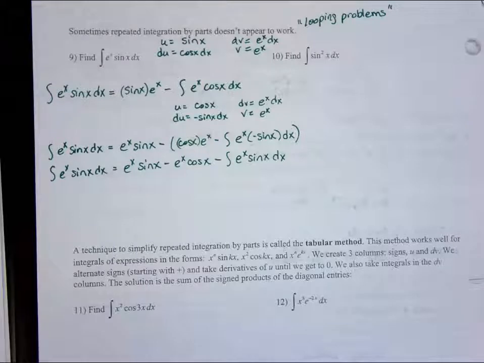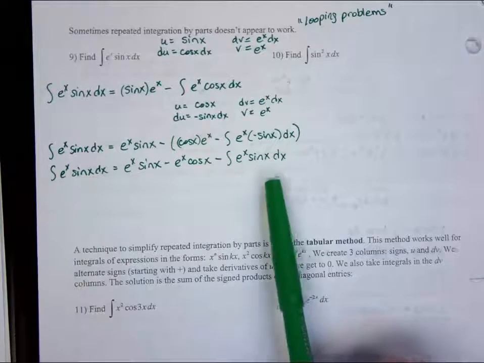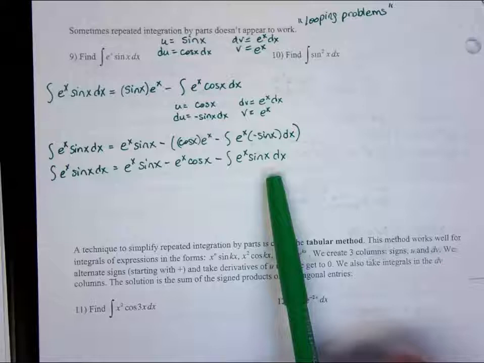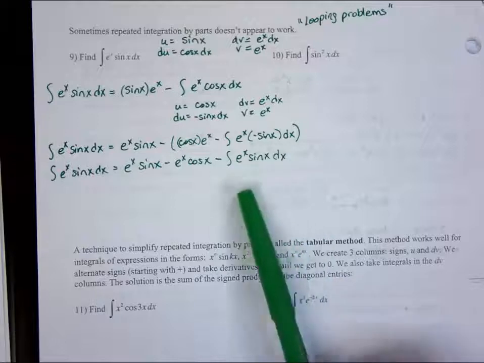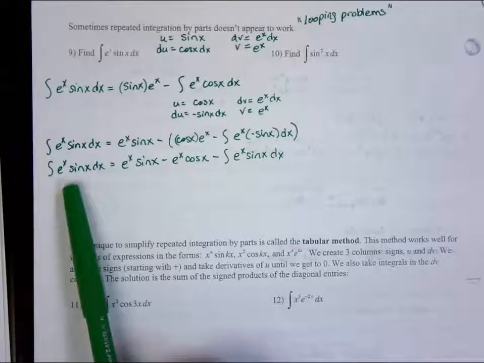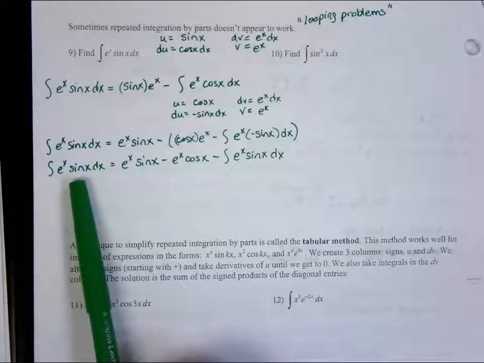Okay, if I say the phrase right back where I started, do you know what I'm referring to here? The problem you were given. Yes. This matches this. Do you see that? So what that means is, this is a number once it's evaluated, so I can move this to the other side and add it to the other one, just like if it was an x or a t or a y or anything else.